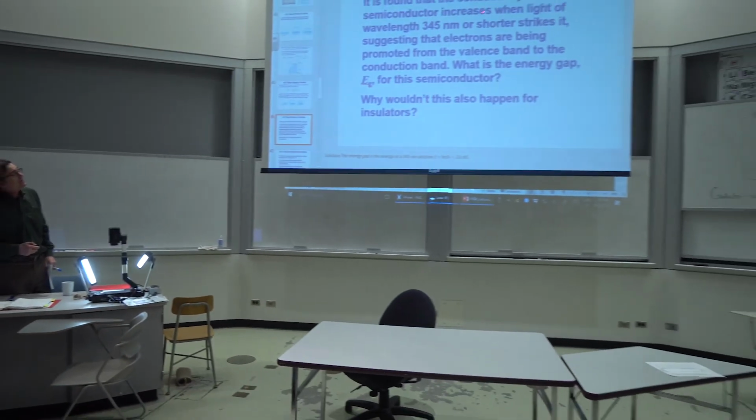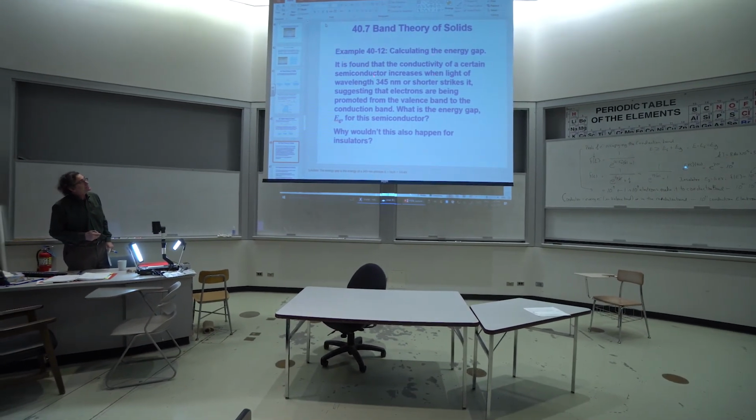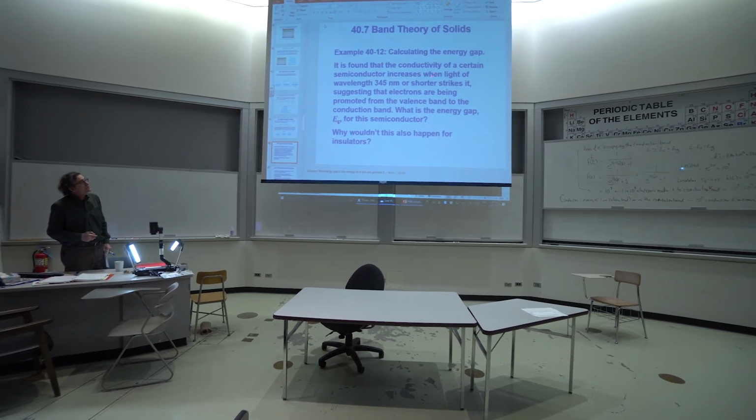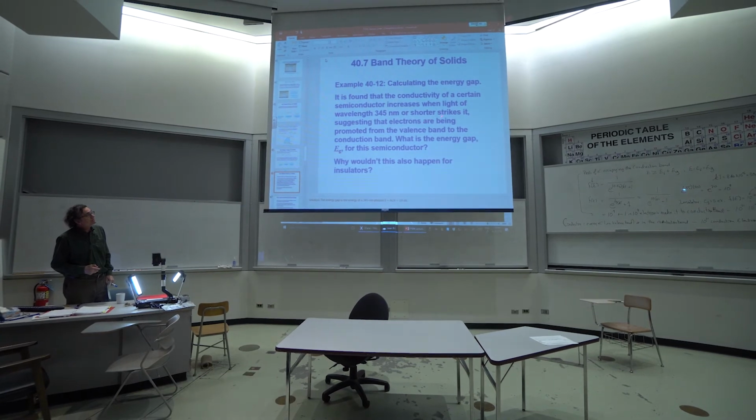Okay, example. I'll mention just calculating the energy gap. It is found that the conductivity of a certain semiconductor increases when light of a given wavelength or shorter impinges on it.